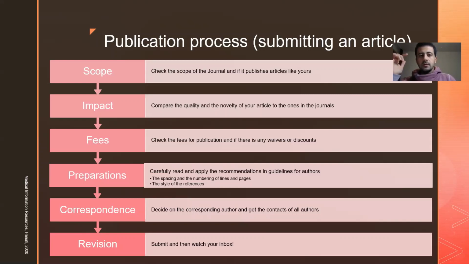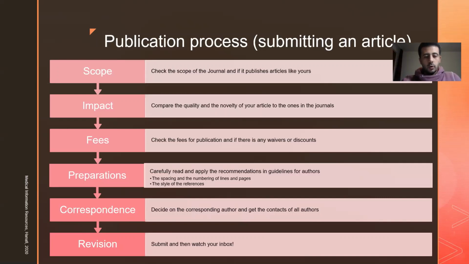When you go there, they will tell you how the font should be, how long the paper should be, the word limit, how many items as figures and tables should be there, how to send the paper with the title page, without the title page, with the abstract, without the abstract, how many keywords you need to put. All these instructions, all these questions you have on mind, you will find them there.